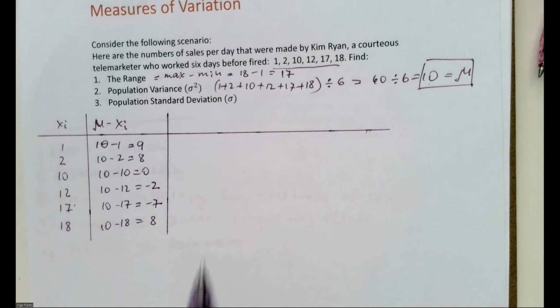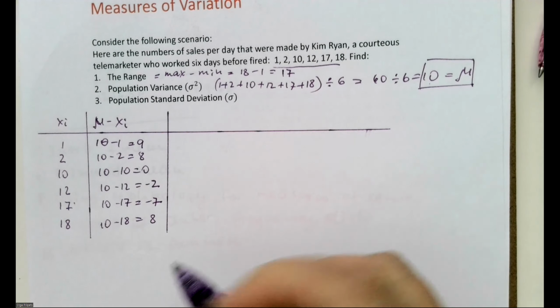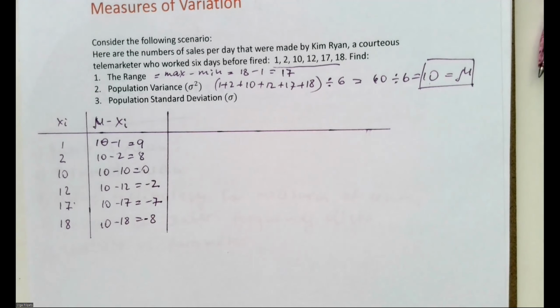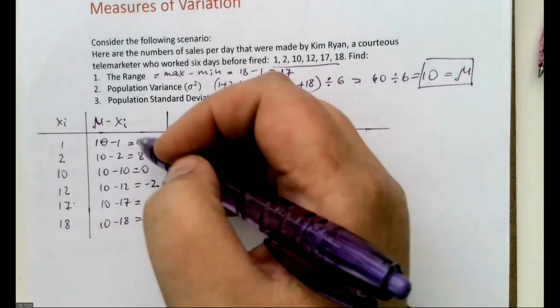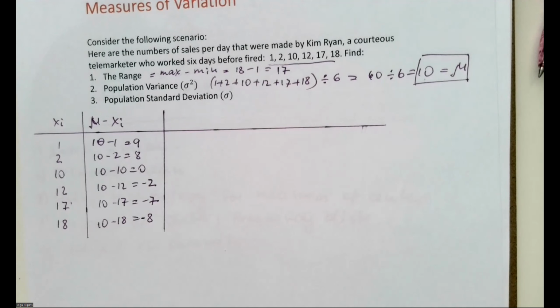Now, the idea of the standard deviation is to measure the distance of each value from the mean. So this should be enough, right, to measure the average distance. We could average these distances that we got, and that's going to be our average, right?